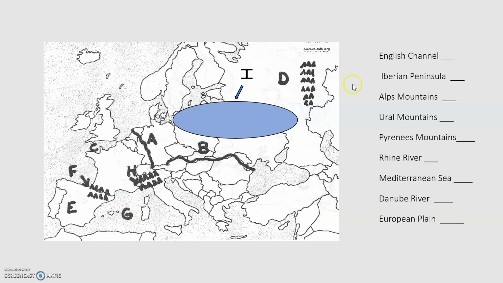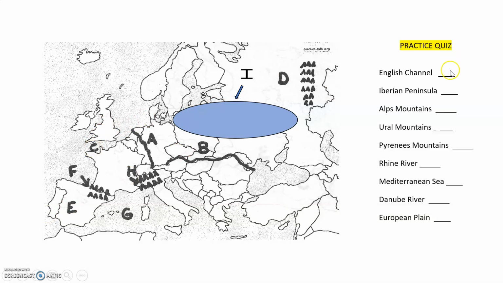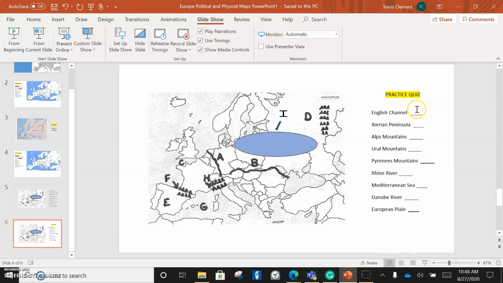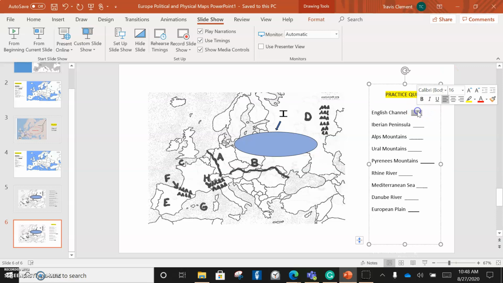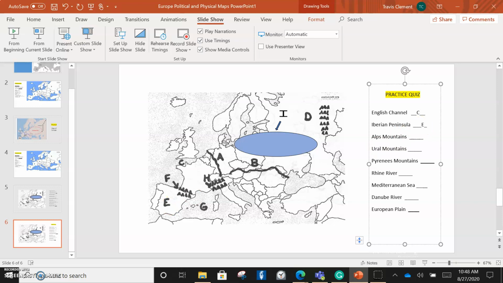So the first one is English Channel, and that would be C. From there, you could just keep going. Next is Iberian Peninsula. The Iberian Peninsula is E. So all we're doing is locating the physical features. All right, you try it.